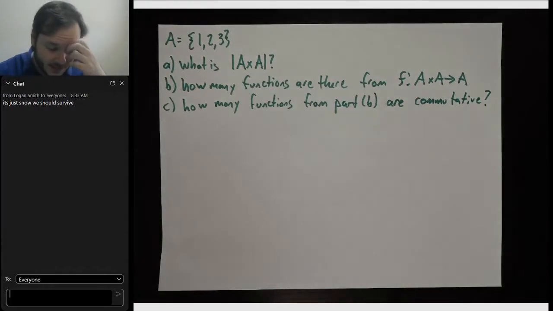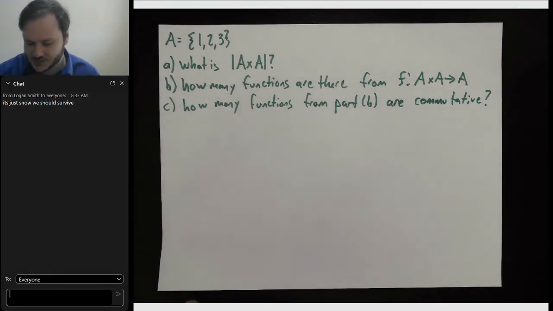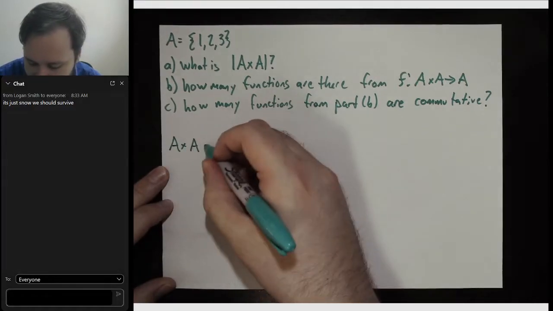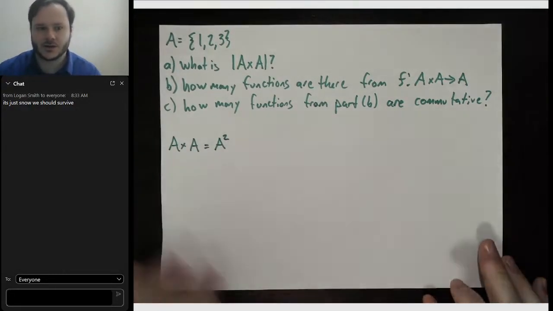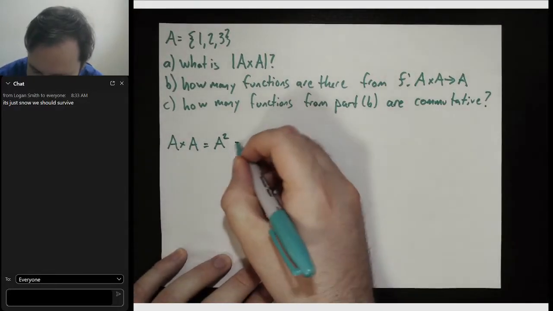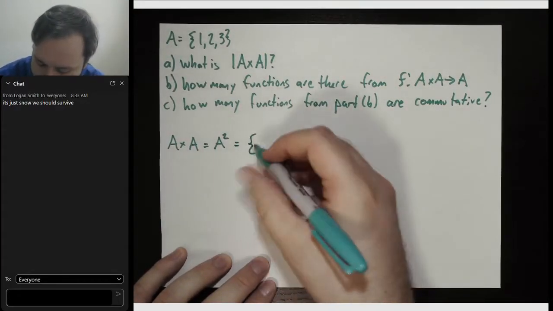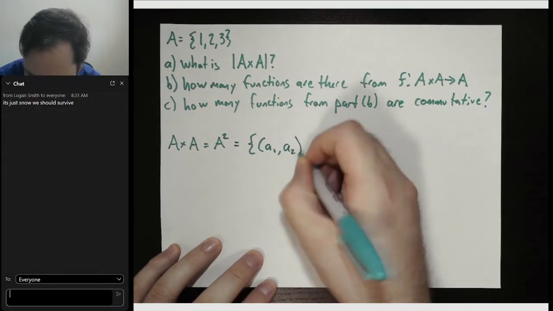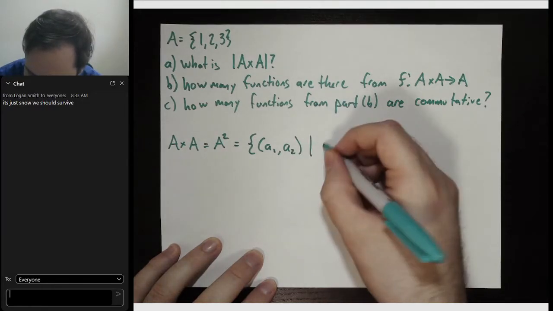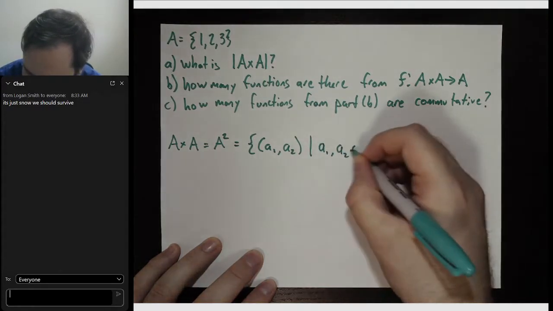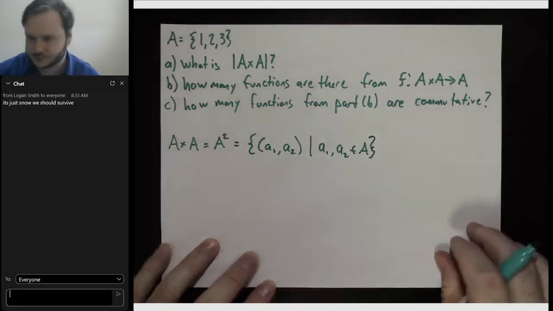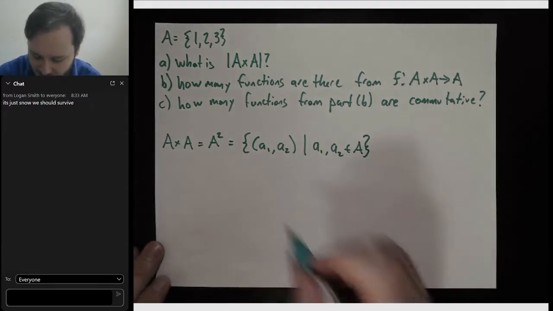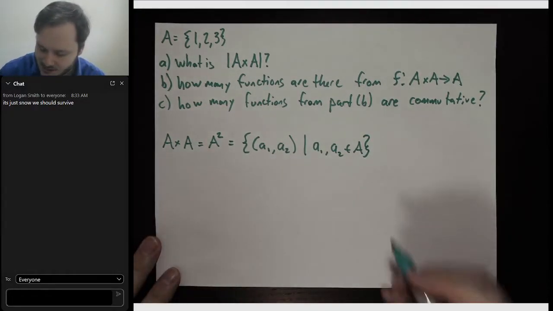So let's take a look at this together. Let's remind ourselves, when I say A cross A, which I can also write as A squared, this is a set, a set of ordered pairs (A1, A2) such that A1 and A2 are both in A. So let's list out the elements of A cross A in this case.